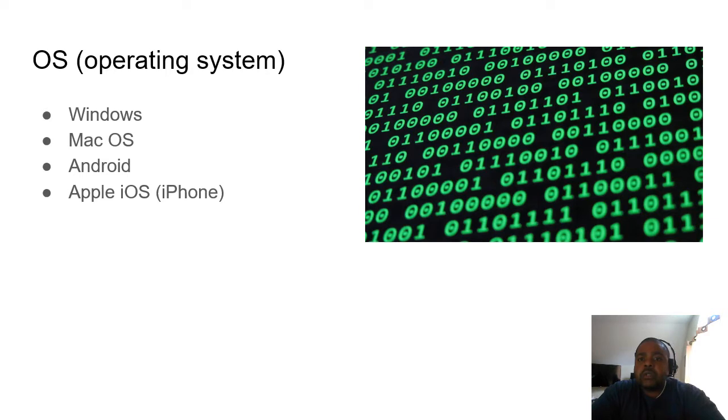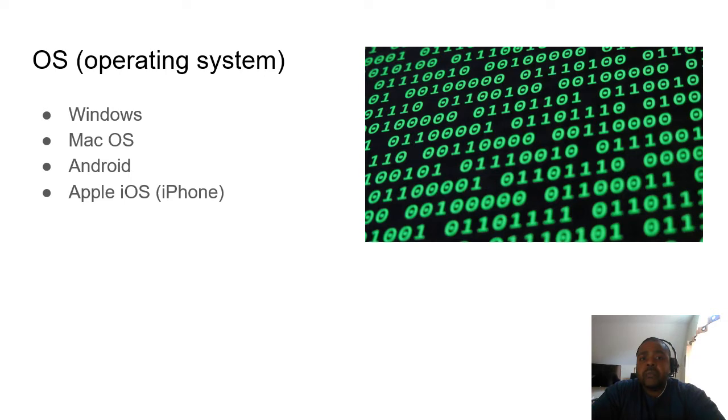That is what you call binary bits, and it's basically just ones and zeros. 0 is equivalent to being off, and a 1 is equivalent to being on.